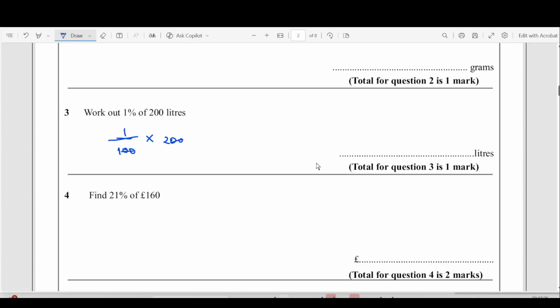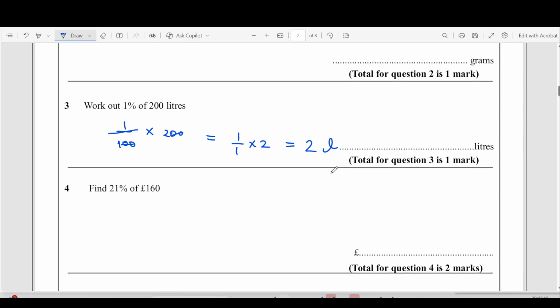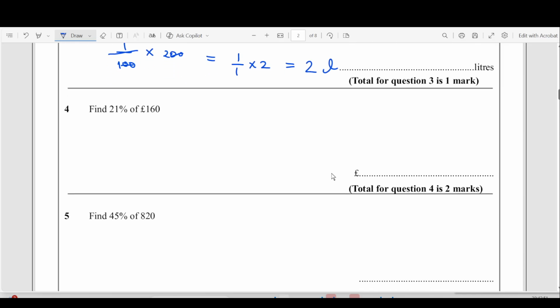These two zeros cancel out with these two. What are you left with? One whole, or 1/1 times 2. How much is that? 2 times 1, two. So the answer is 2 liters. Clear? Very good. Let's try number 4.